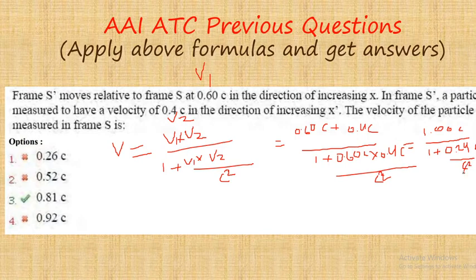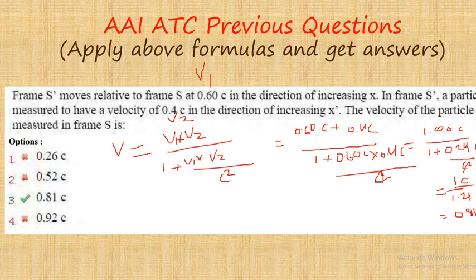Next we get 1c divided by 1.24, right? So all you have to do is the calculation. You will get the answer 0.81c. I hope it's clear now. Let's move to the next.